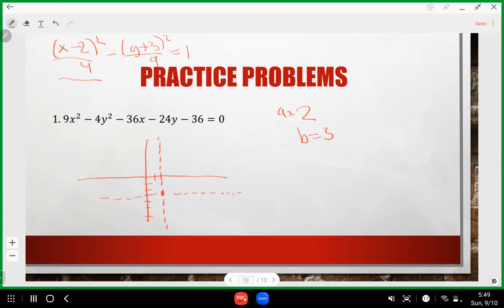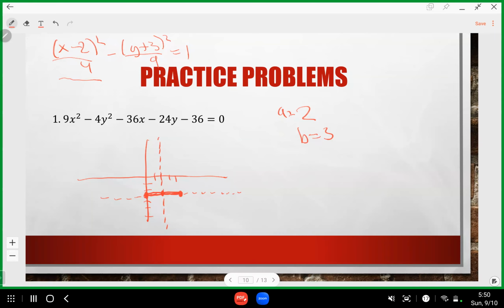Horizontal or vertical? It's basically the major axis. Well, it's under x, right? So it has to be horizontal. So we go 1, 2, and then 1, 2 the other way. So this is going to be the transverse axis.